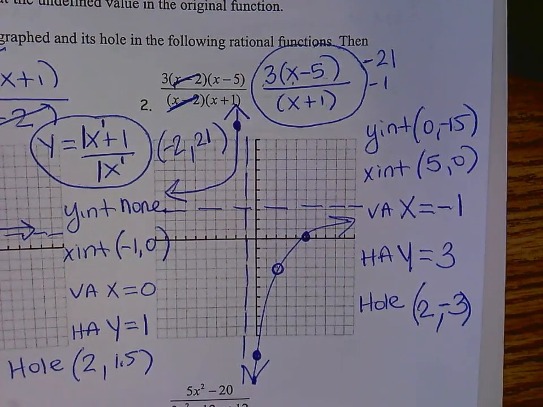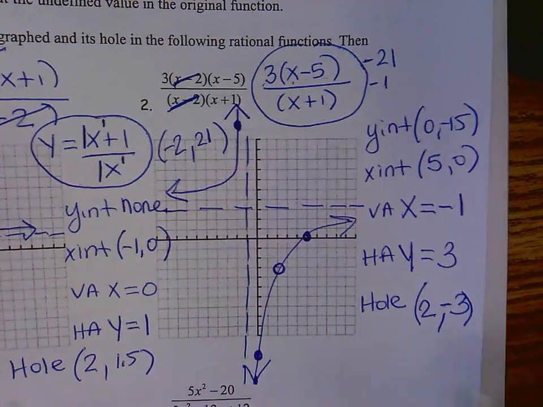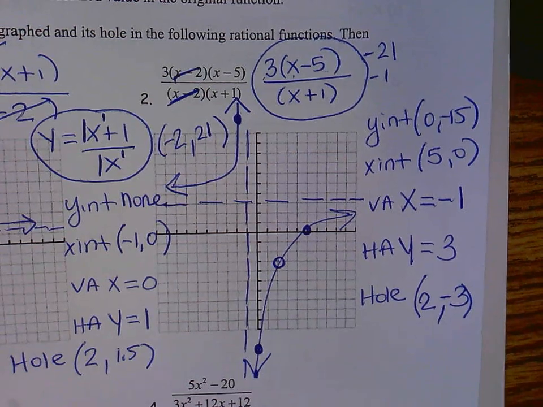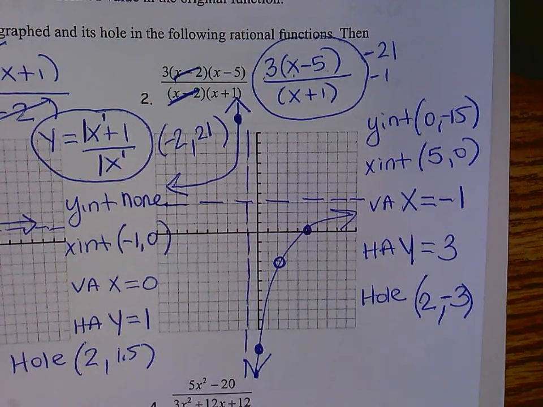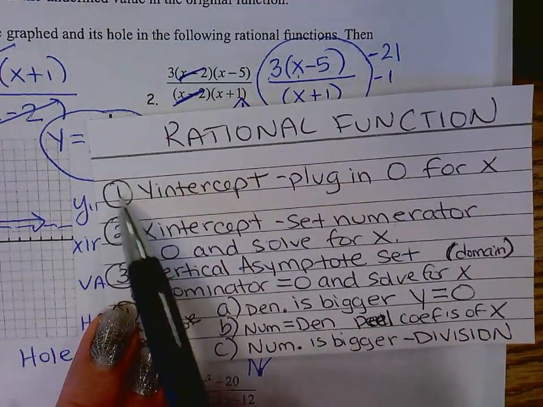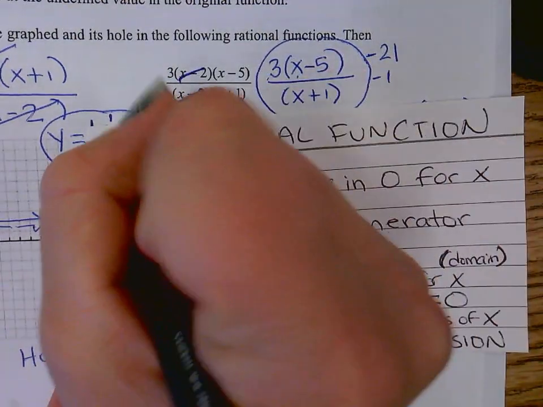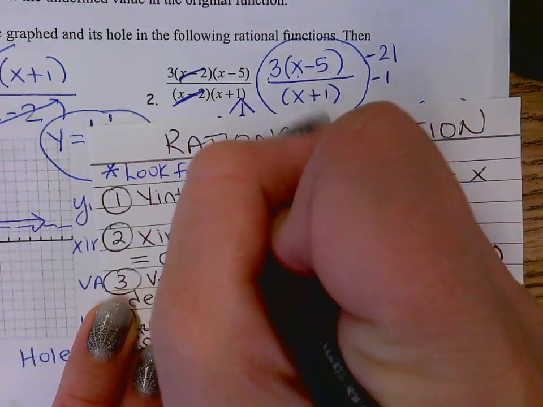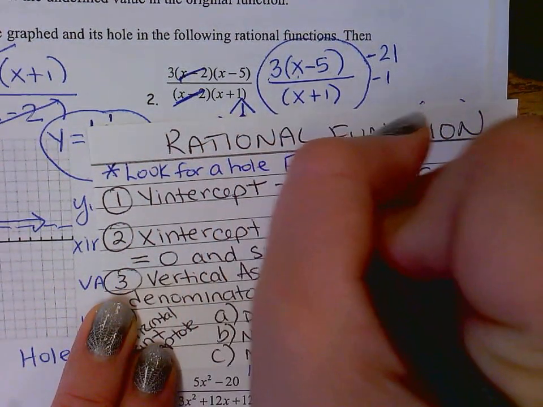So there's some factoring involved, but steps 1 through 4 have stayed exactly the same, and then the hole is your step 5. What I always tell students is, on your note card, before you write number 1, or somewhere at the top, write "look for a hole first."